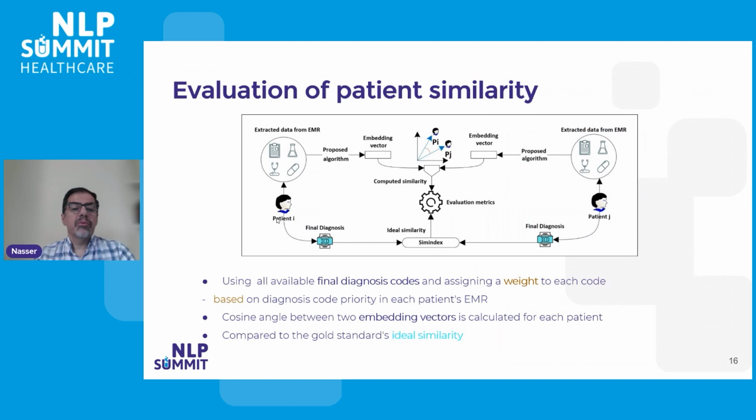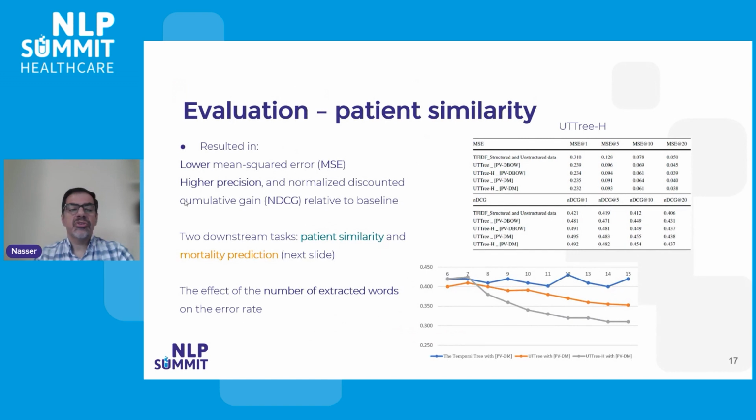We evaluated the proposed method using a gold standard and used the final diagnosis codes as ground truths, assigned weights to the different parts of the EHR, computed the similarity, compared it with ideal similarity, and extracted the measures.